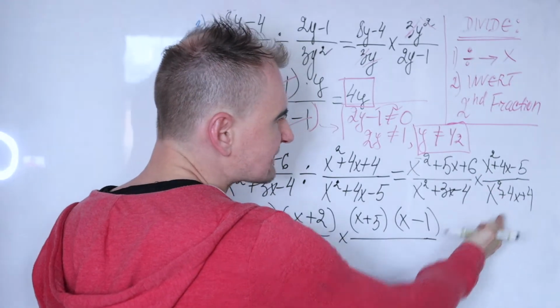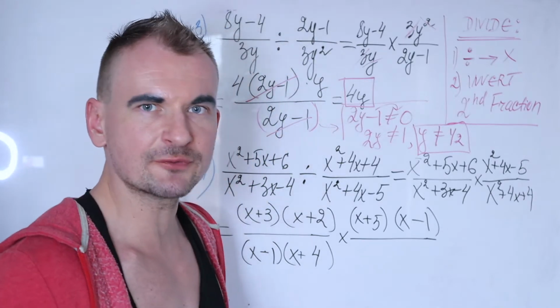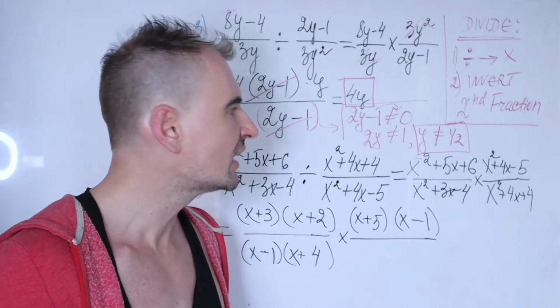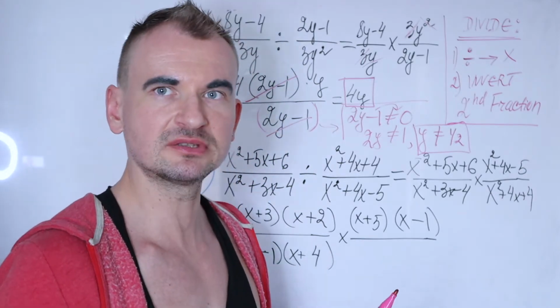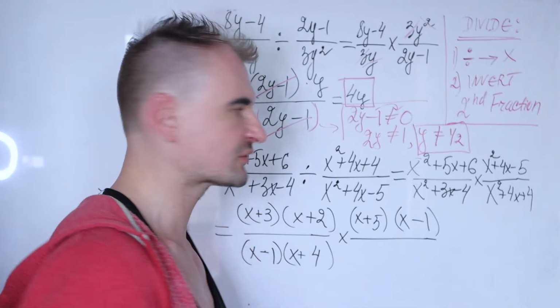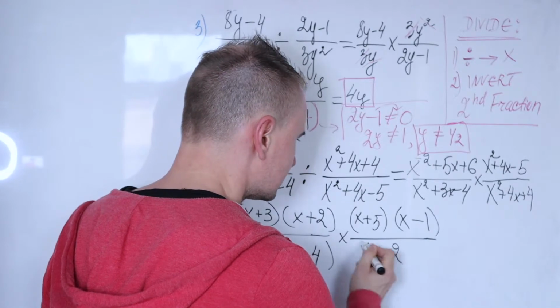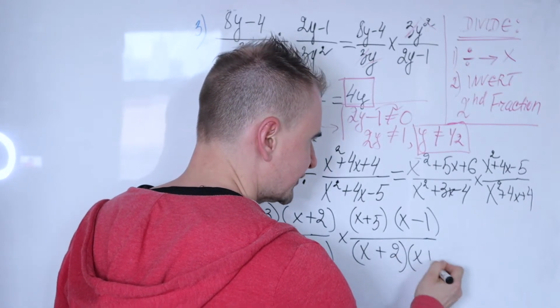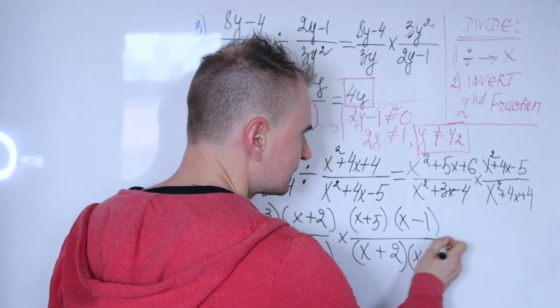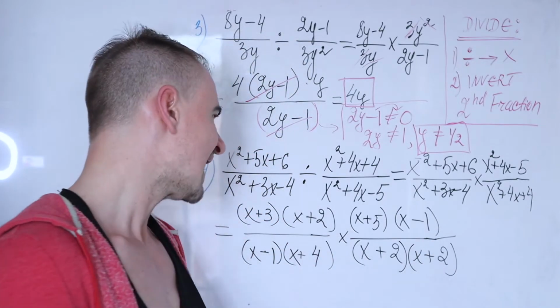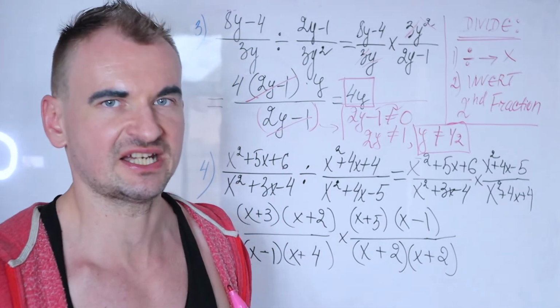And finally, the last one. Basically, it's a kind of perfect square, since 4 is a perfect square, so you would have just x plus 2 times x plus 2. It can be a repeated root in this case. And we are done with factoring at this point.